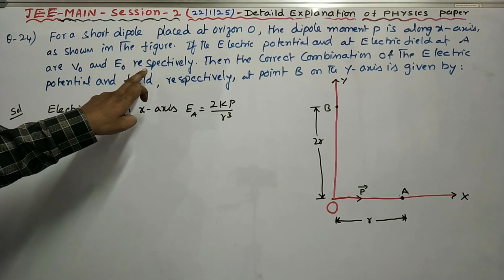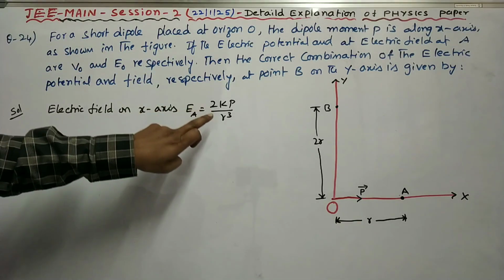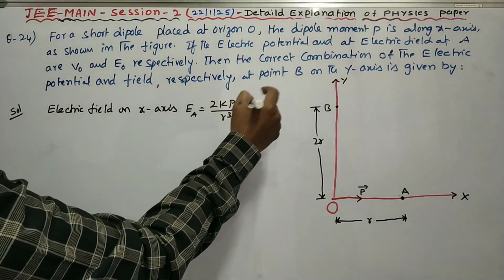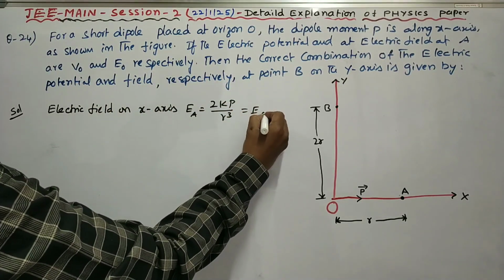Already this is given in the question for a short dipole. It is given as E naught.